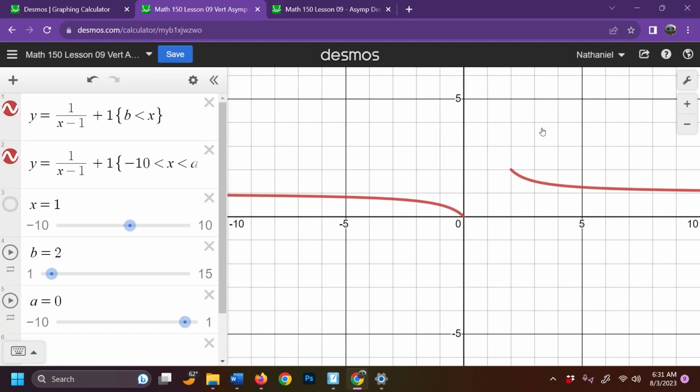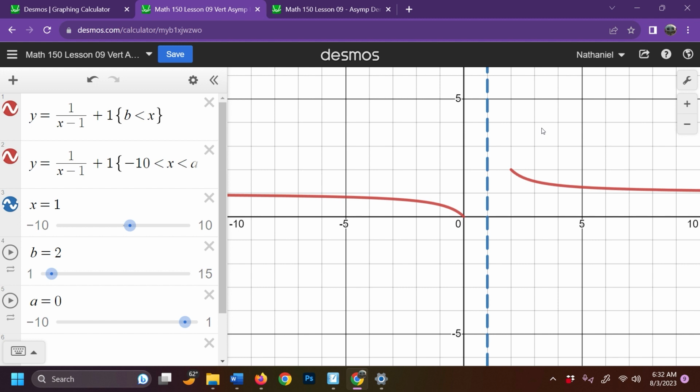Now I have a Desmos demonstration to show what I mean by that. So we're trying to demonstrate a vertical asymptote. I have this graph here, and I'm going to put in what is going to be my vertical asymptote. Now, the line x is equal to 1 is going to be this vertical asymptote for me. And we want to know what happens to the graph as the x values get closer and closer to this 1.